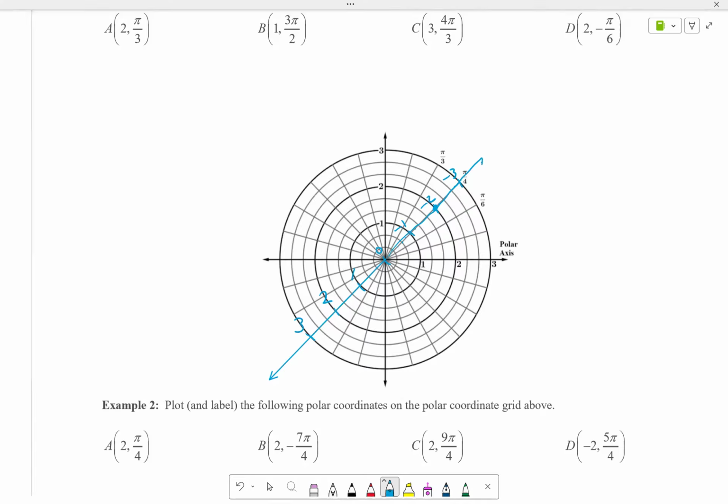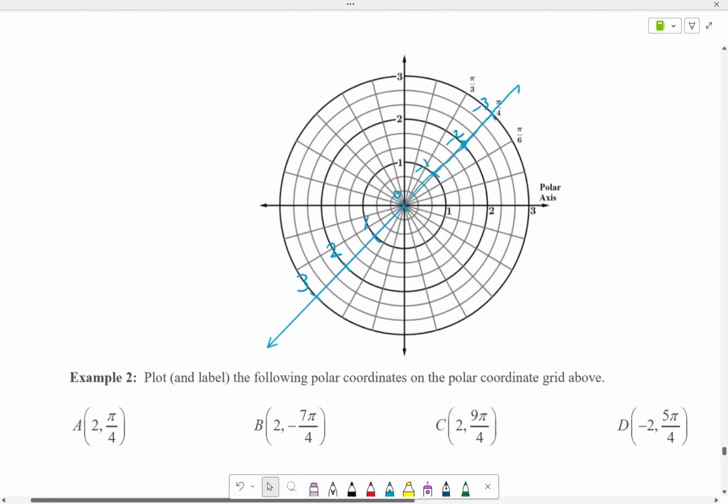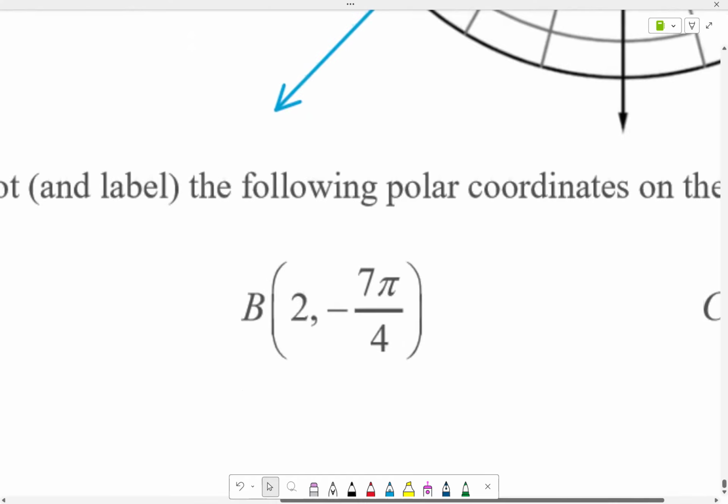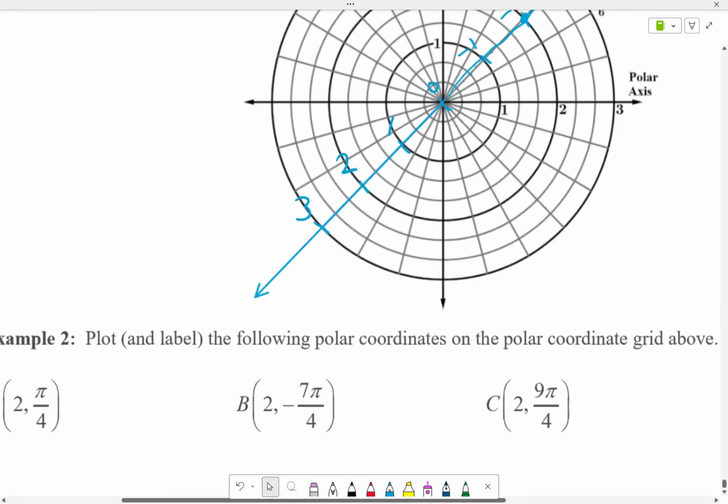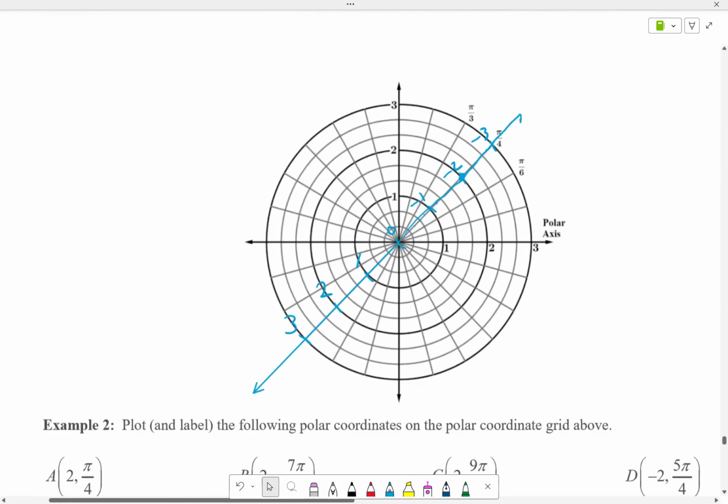Over the pole, yes. What if it was a negative y value? Well, that'd be rectangular. We have R and theta here. Like B is negative, isn't it? Yeah, I think you already know.